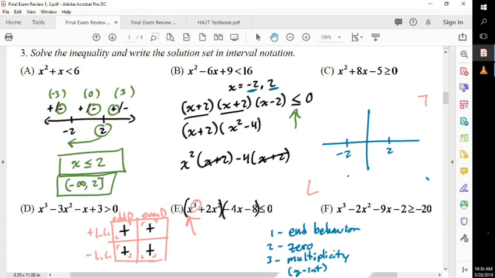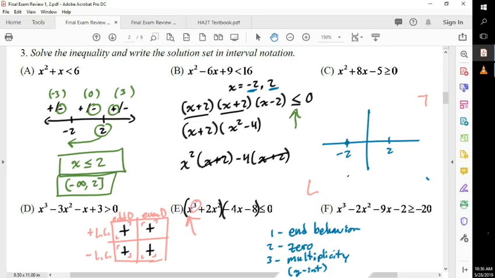Now I'm going to start on the left side of the graph, down here where the end behavior is, and I'm going to come at the negative 2. Now when I hit negative 2, am I going to go through the negative 2, or am I going to bounce off of it? That's a good question. Let's see. It looks like negative 2 is coming from 2 factors, which means it has a multiplicity of 2, which is even.